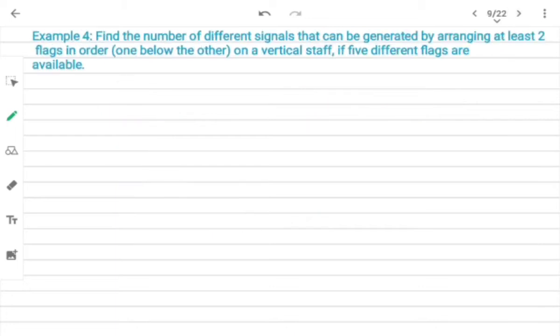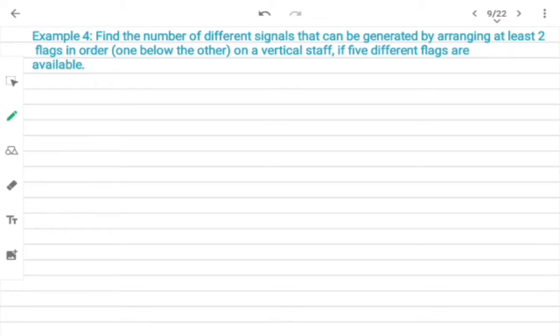And next, example 4. I have to be careful in this question. Find the number of different signals that can be generated by arranging at least 2 flags in order, one below the other, that is, on a vertical staff, if 5 different flags are available. Here also we have 5 different color flags.